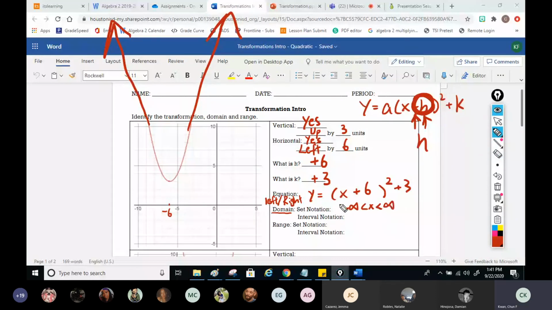It goes from negative infinity, that's the furthest left, and then positive infinity, that's the furthest right. And that would be your set notation. How about interval notation? For interval notation, you're going to need an open parenthesis, negative infinity, all the way to positive infinity, and then a close parenthesis. That would be your interval notation.